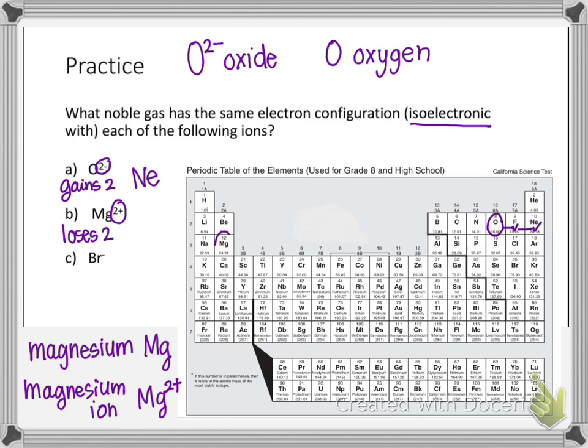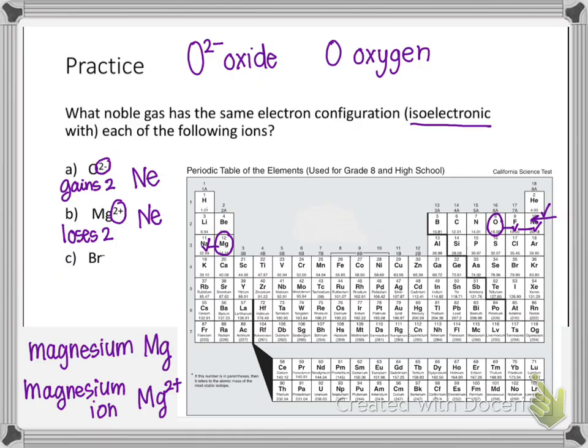So magnesium is right here. And what we're saying is it loses 2. So it loses 1. And then to lose the other one, it has to come back to here. And so this one also looks like neon. So all 3 of these, oxide, magnesium ion, and neon, are actually isoelectronic because they all have the same configuration as neon.